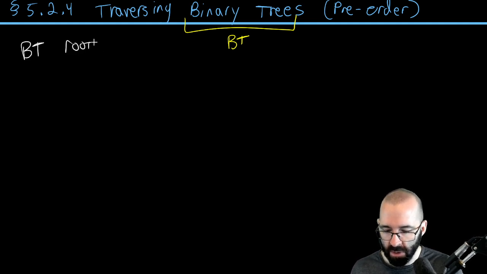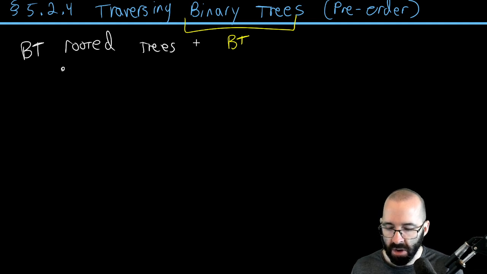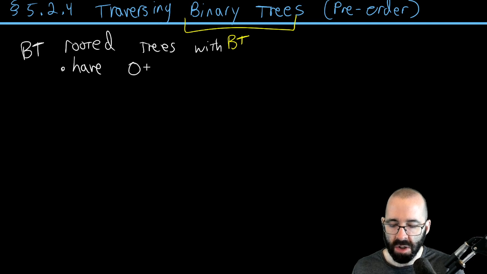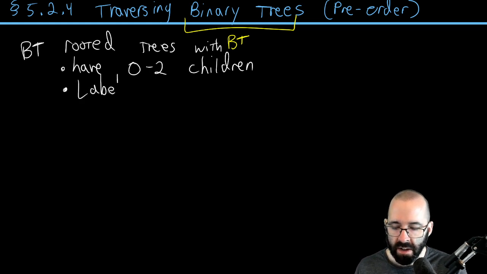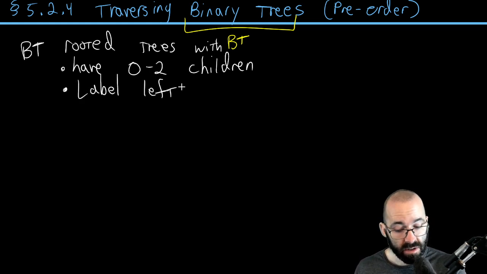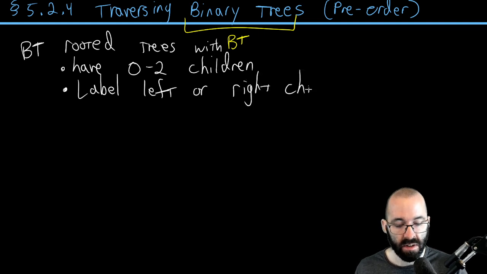The rooted trees and the nodes have at most 2 children. Okay, there's never going to be 3 children. And specifically, each child is either a left child or a right child.